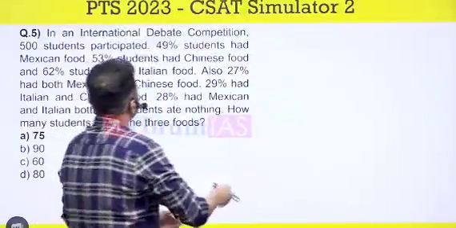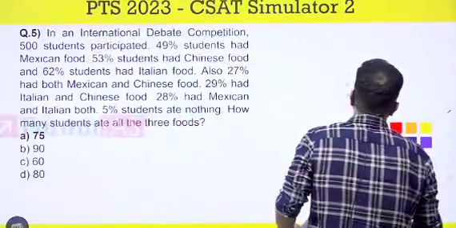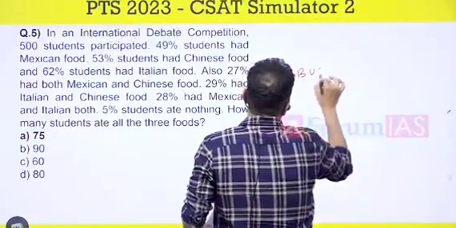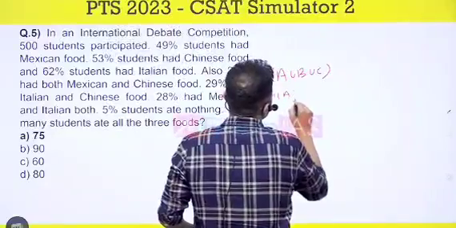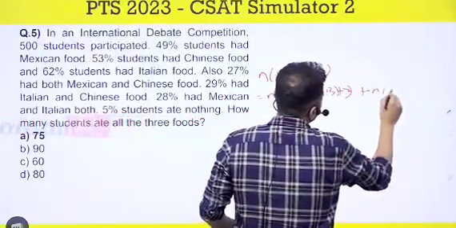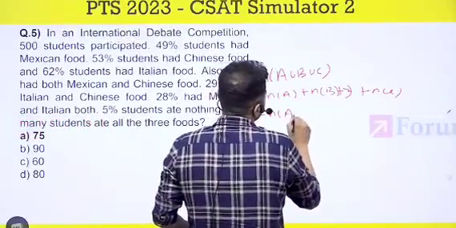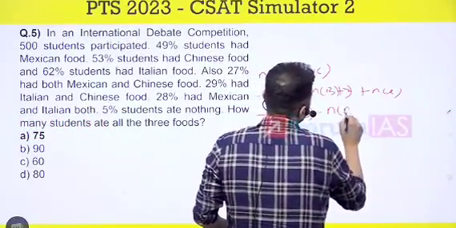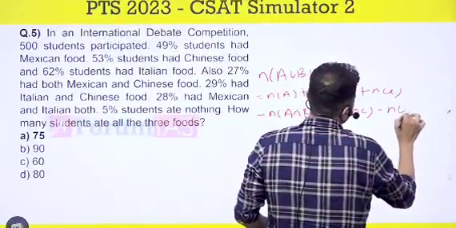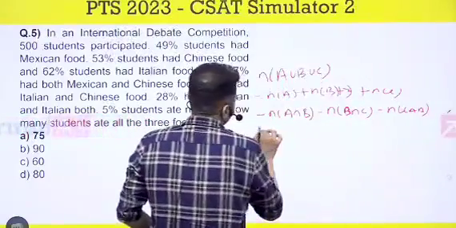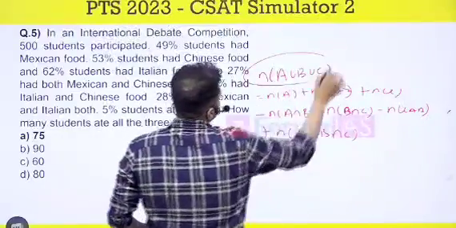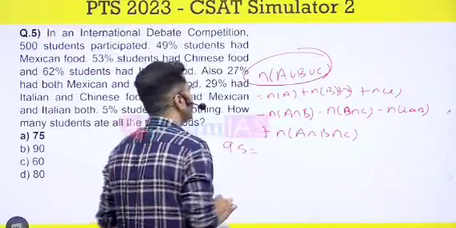So let's start. This is a typical standard question. We have a direct formula for this. What is the formula? N of A union B union C is equal to N of A plus N of B plus N of C minus N of A intersection B minus N of B intersection C minus N of C intersection A plus N of A intersection B intersection C. So in this case, this will become 95 because 5 have not participated in anything.